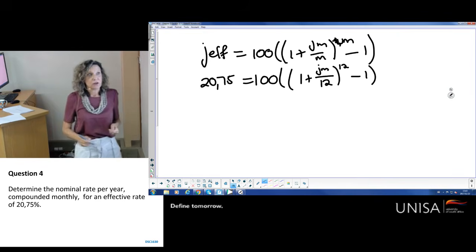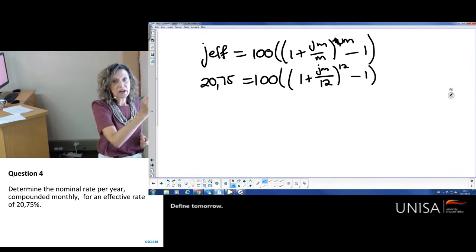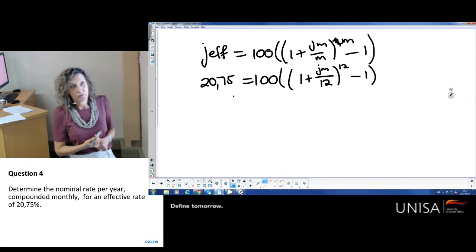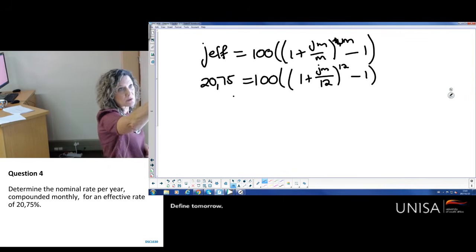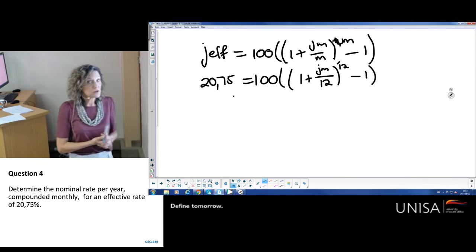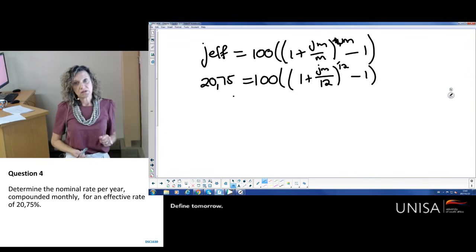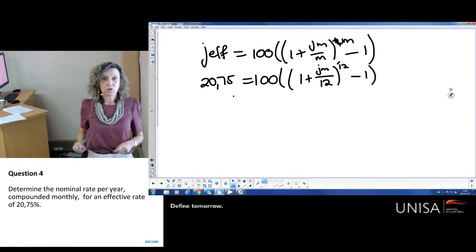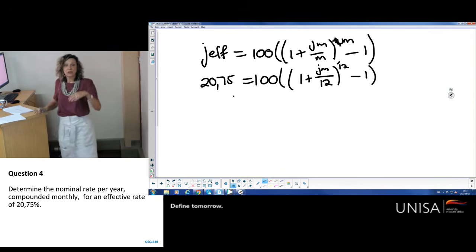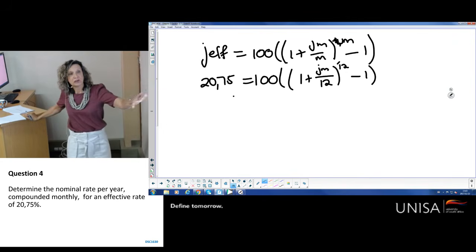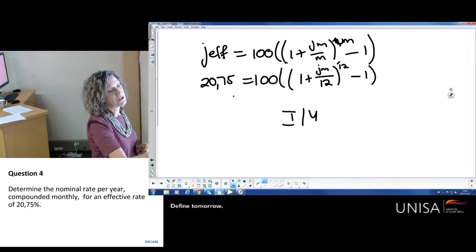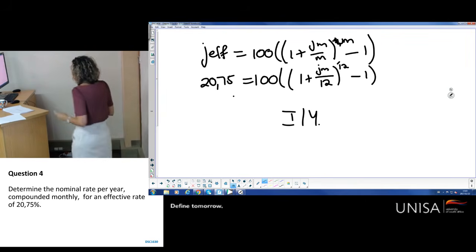Now again, you can go and manipulate this formula to get to an answer for JM, right? But because we've got exponents, you will use your log rules from school to get to an answer. But luckily, you've all got your financial calculator, and you can just enter the values you have and choose at the end your I/Y value, which is then your interest rate.